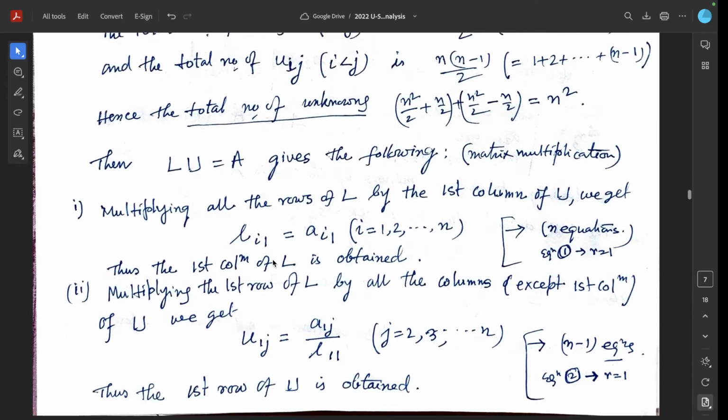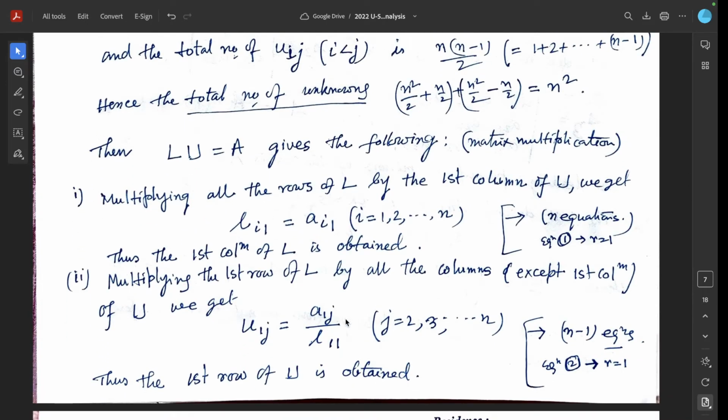We can find A12. So we get U1j equal to A1j by L11.